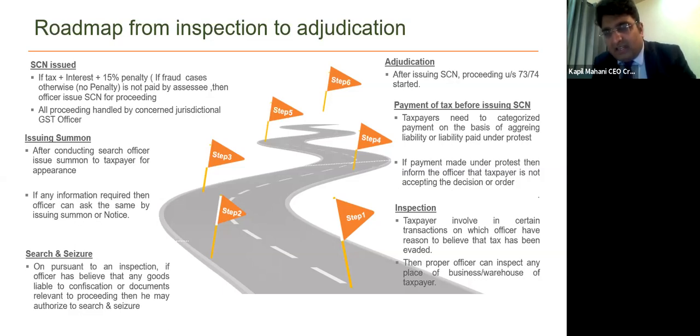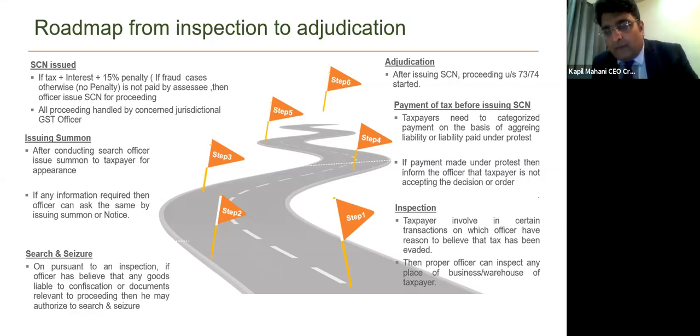So what is generally seen is that the anti-evasion team of the department forces the assessee to accept a liability which, as per the department's preconceived notion, is wrong, such as circular trading having been done, or input tax having been availed without actually receiving the goods.